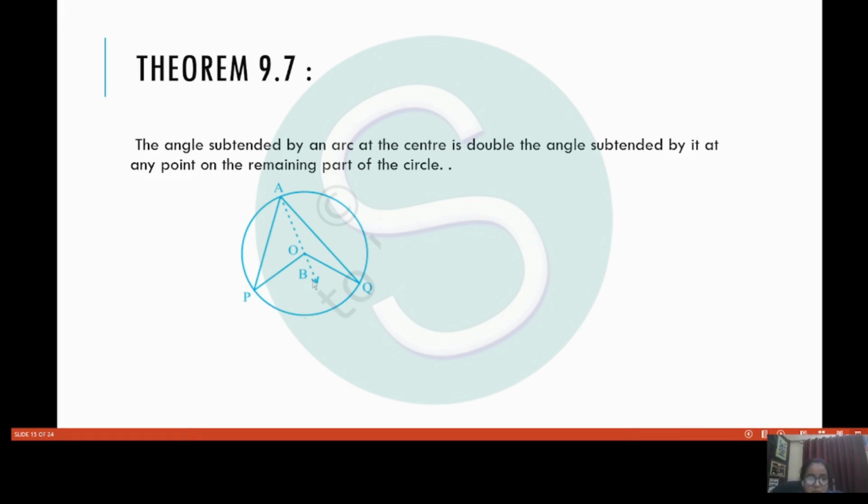First is angle POQ, which is the angle subtended by arc PQ at the center, and secondly angle PAQ, which is another angle subtended by PQ at the circumference point A. So according to this theorem, angle PAQ is half of angle POQ because the angle subtended by the arc at the center is double the angle subtended at any part of the circle.